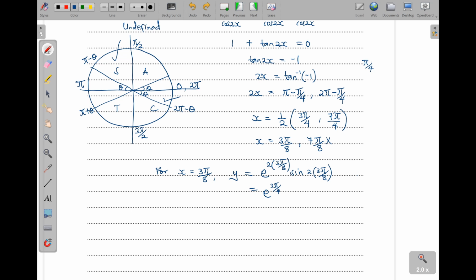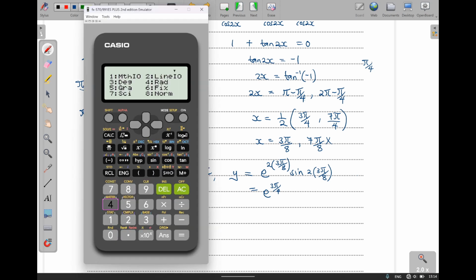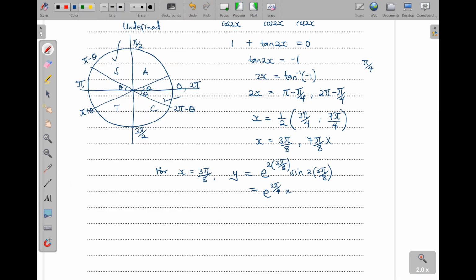Okay, so let's check it out. The calculator, let me put it in radians. Then we have sine of 6 pi out of 8. It is root 2 over 2. So here we shall have times root 2 over 2.